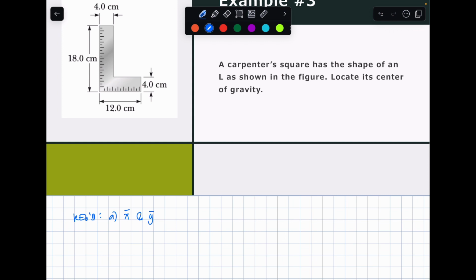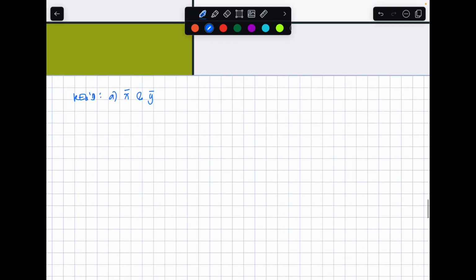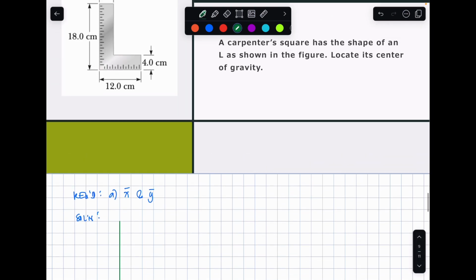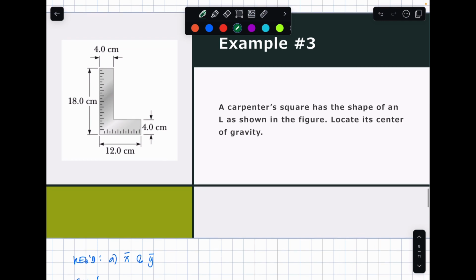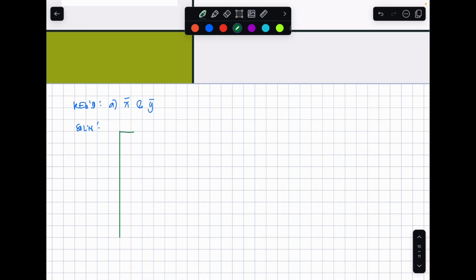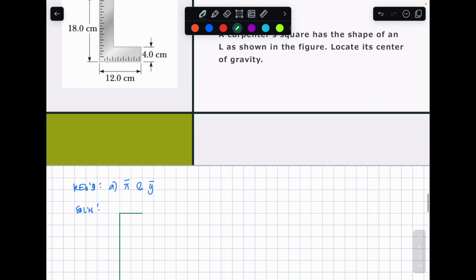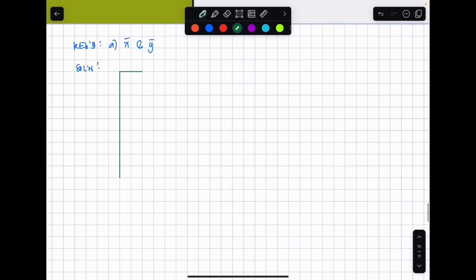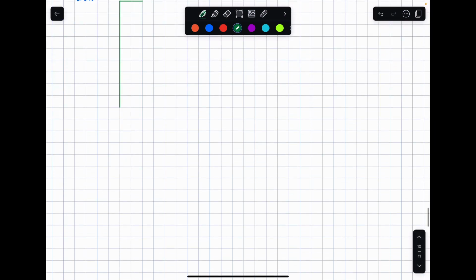Let me redraw this one. So for the solution, this would be per 1, 2, 3, 4, 5, 6, 7, 8, 9. One box corresponds to 2 centimeters. So this is 4, and then we have a 4 as well. The length is 12.